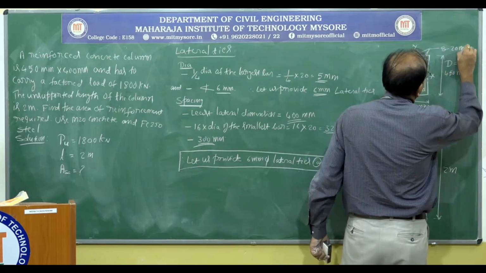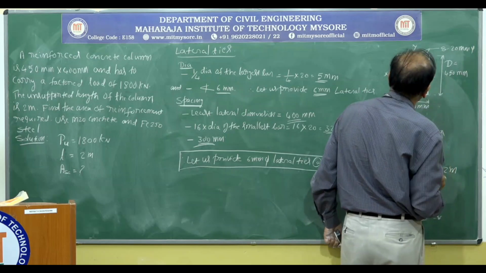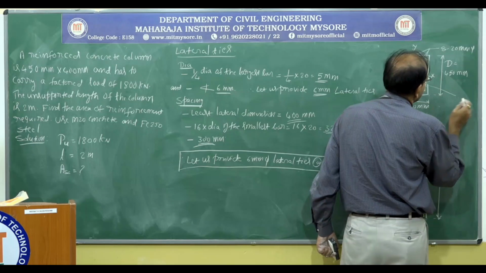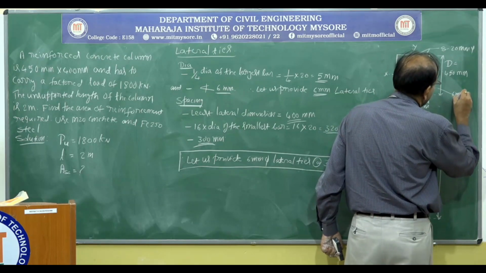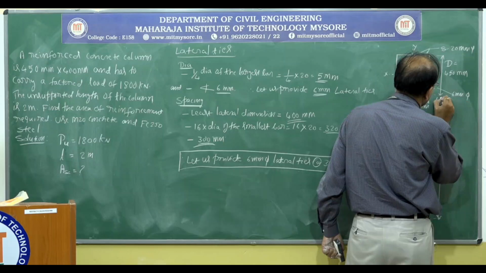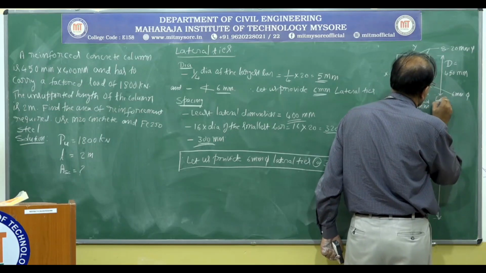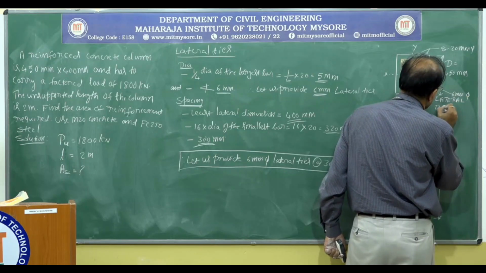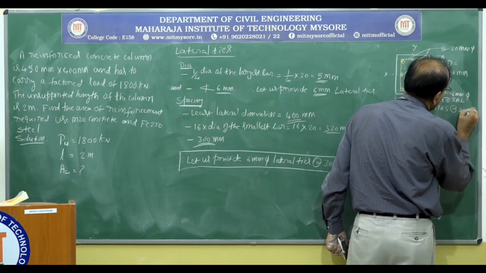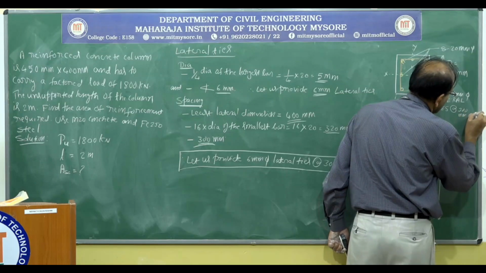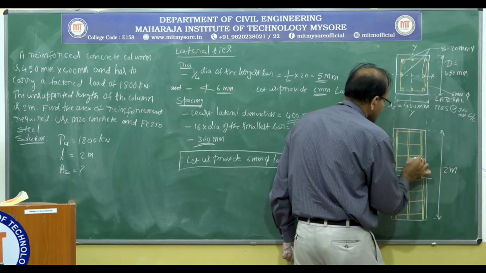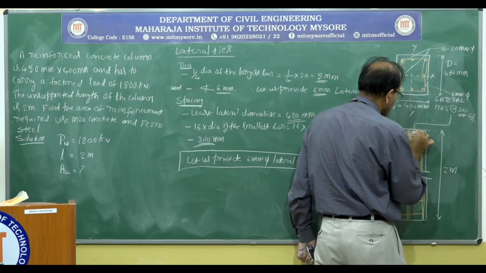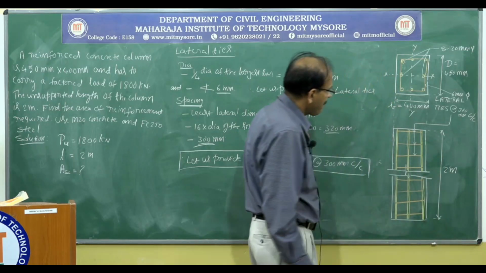So it is 8 bars of 20 mm dia. Okay. And lateral ties 6 mm dia, lateral ties at 300 millimeter center to center, that is, these are the lateral ties. Okay.